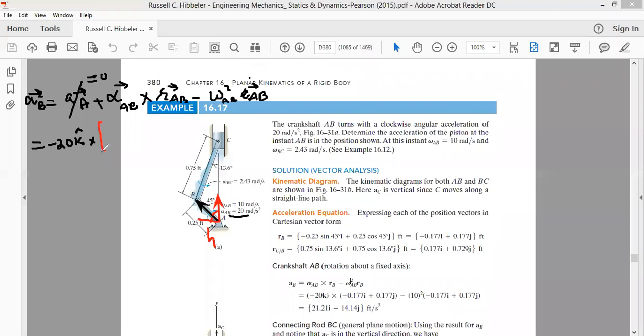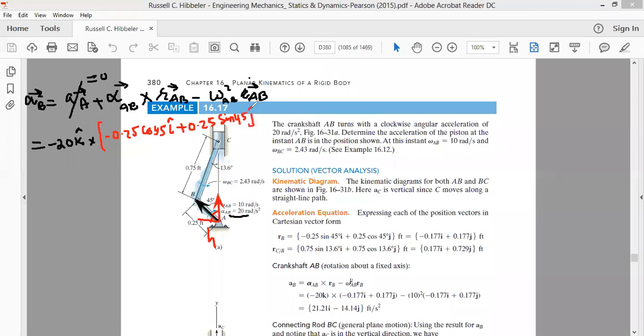So we write minus 0.25 cos 45 degree i cap. Its y component will be plus 0.25 sine 45 degree j cap.